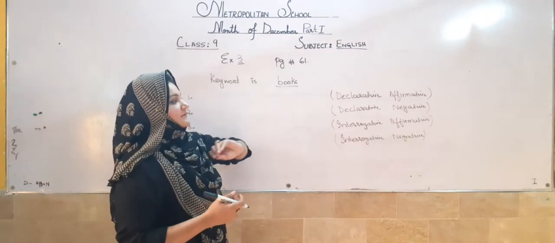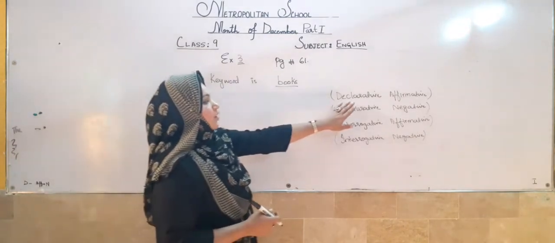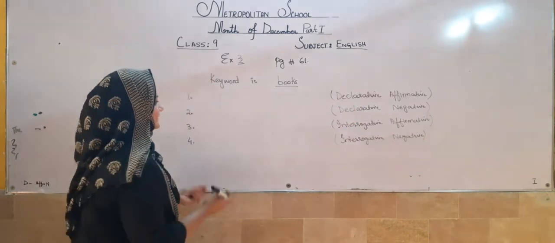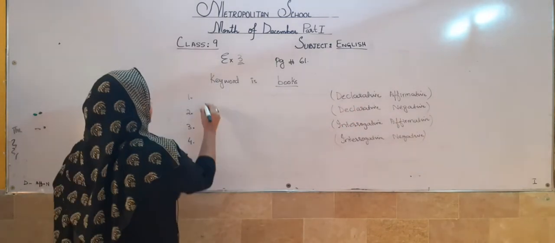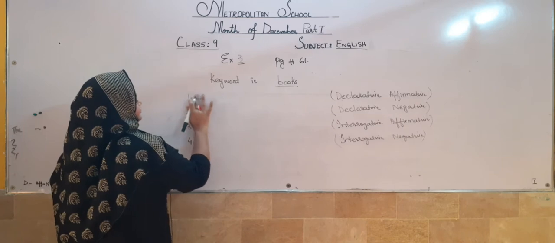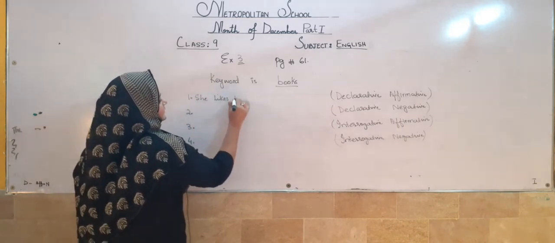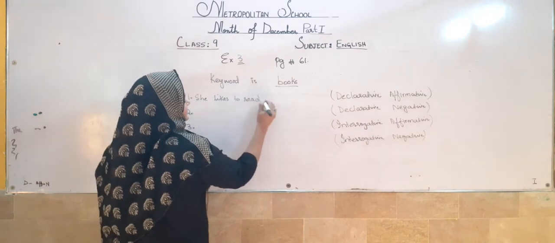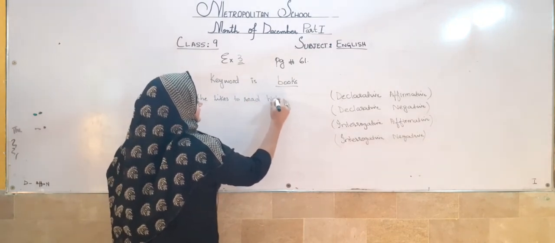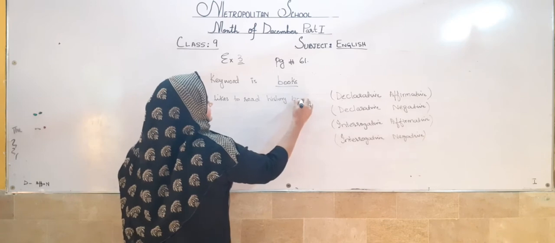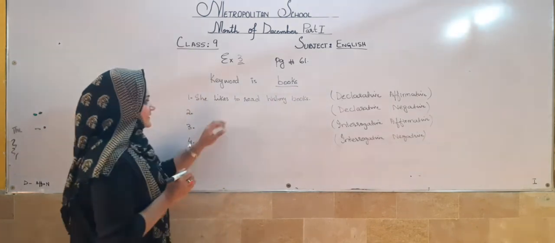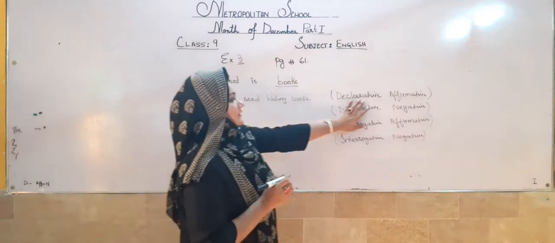For example, if I am going to write a declarative, affirmative sentence, my sentence will be, she likes to read history books. Okay, this sentence is declarative, affirmative.